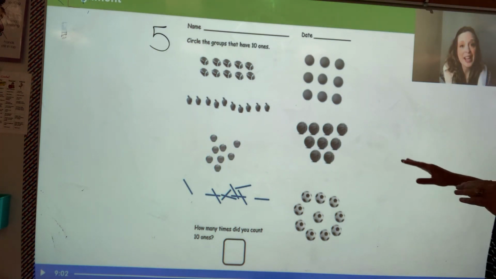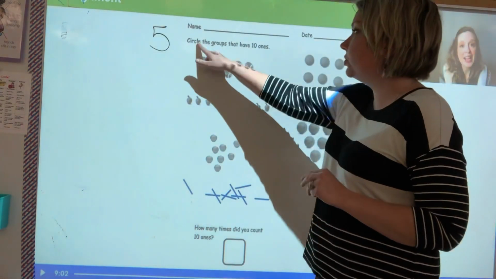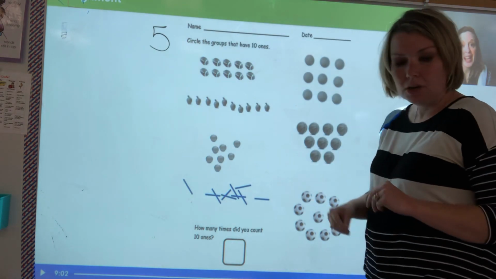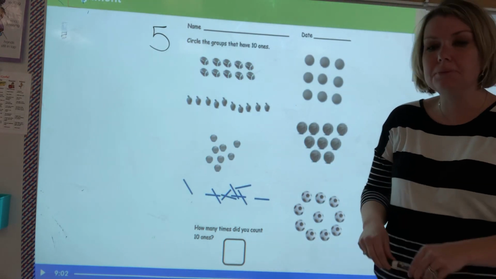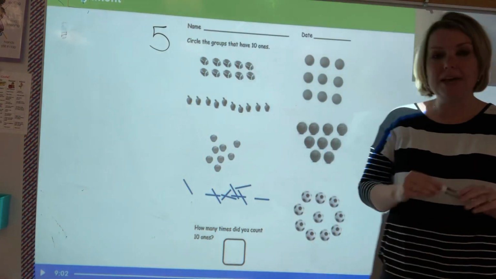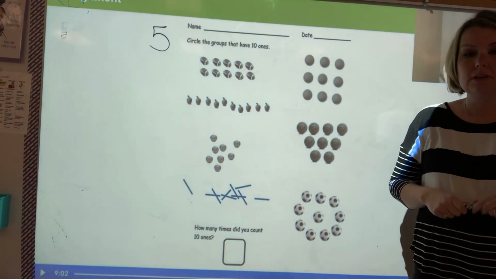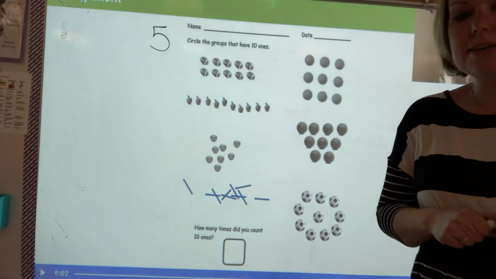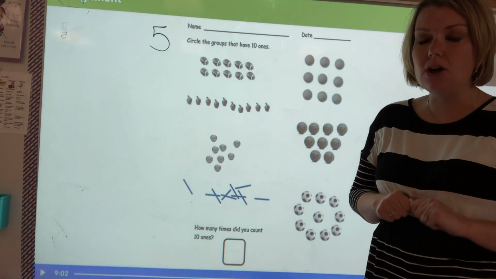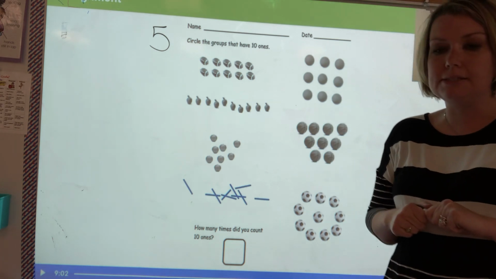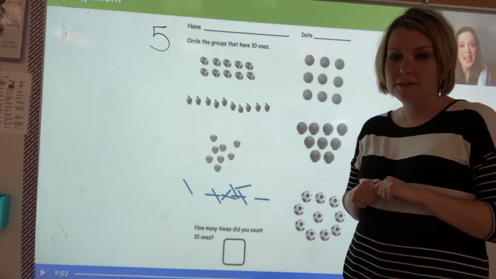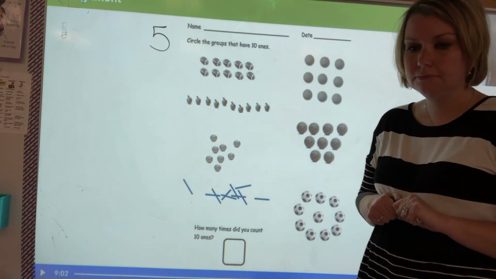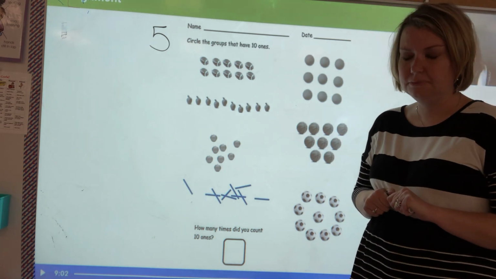On our paper, it says, circle the groups that have 10 ones. What's a strategy I can use to make sure that I counted all my objects in the group? Who could raise their hand and share that with me? Estelle? Cross them off.